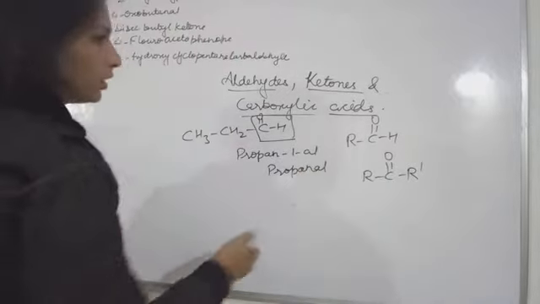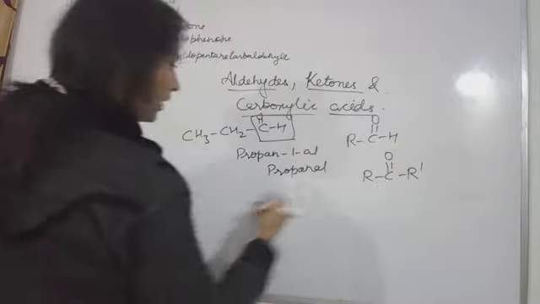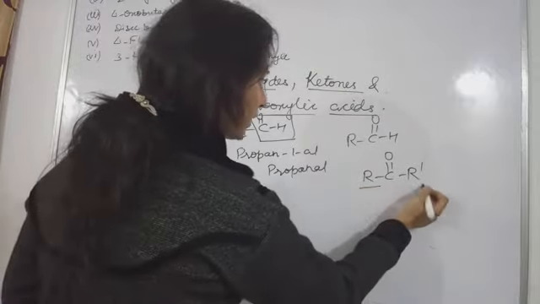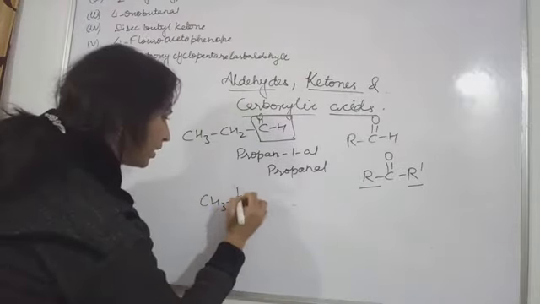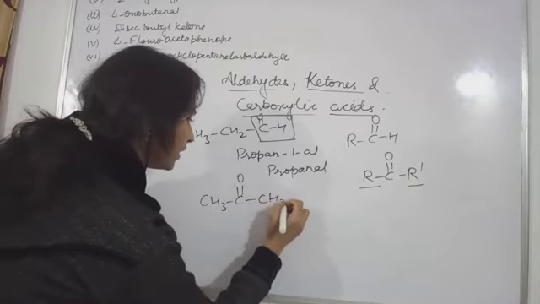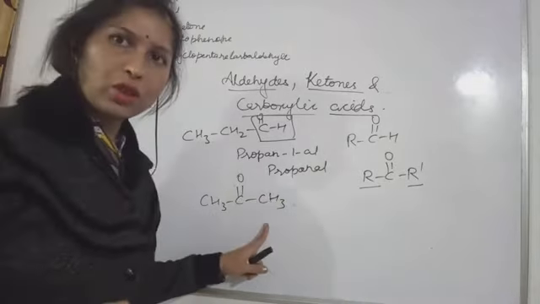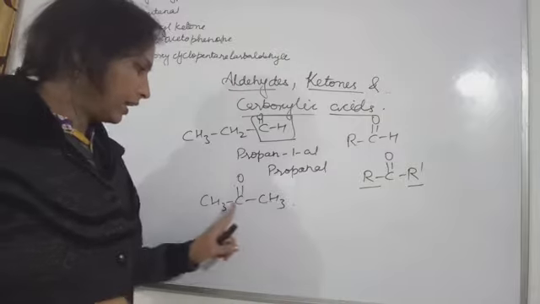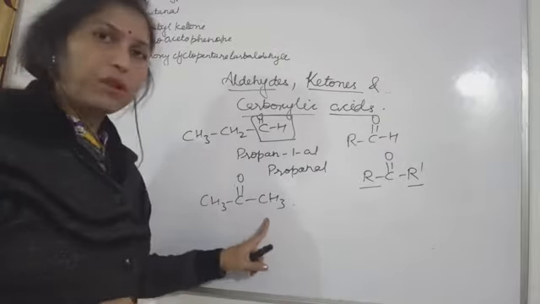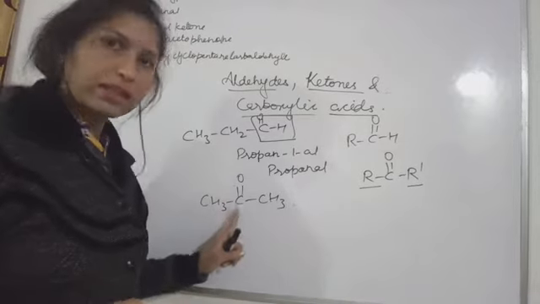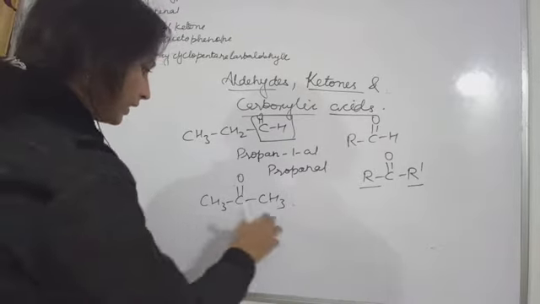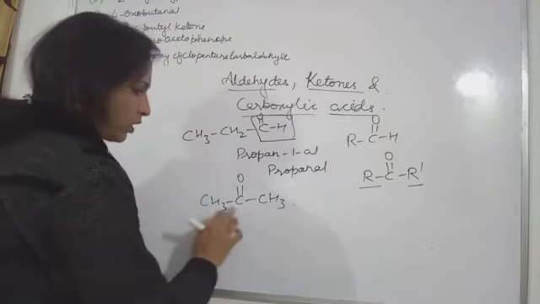In a specific example, if the alkyl groups are the same, it is called a symmetrical ketone, and if the alkyl groups are different, it is an unsymmetrical ketone.